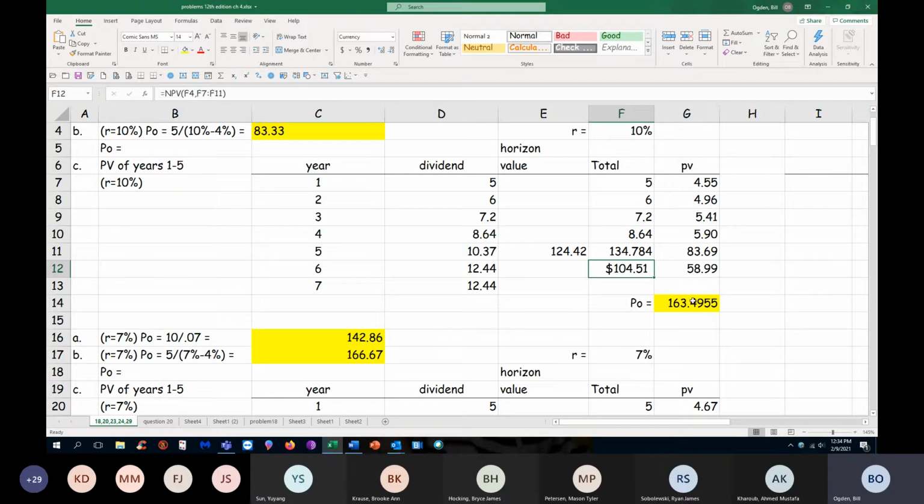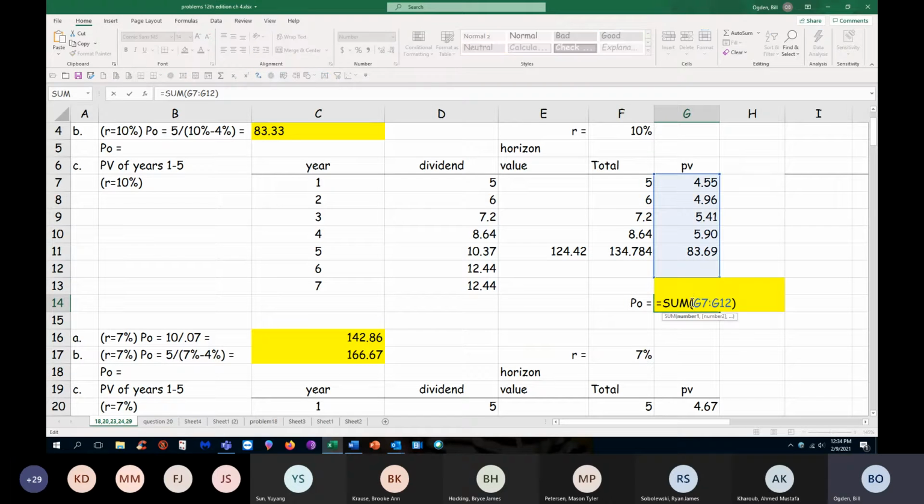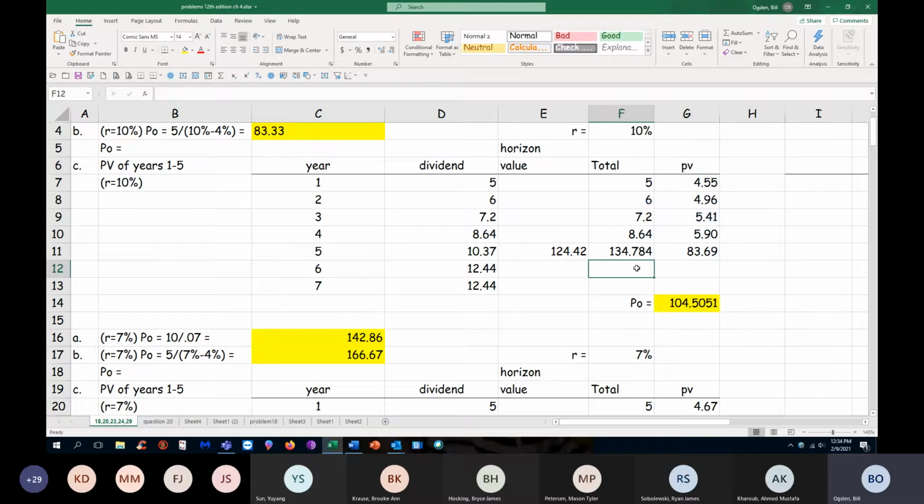Whoa, what happened here? This is correct. I'm not sure. Oh, you know what? I bet I have... Let's see what this does. Oh, that's why. All right, now it won't happen. So, oops, NPV, 0.1.